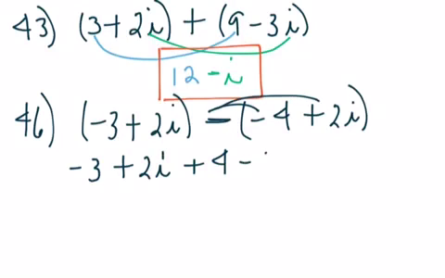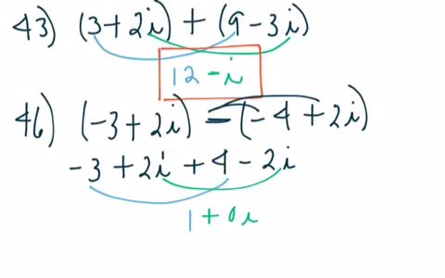Negative times 2i is negative 2i. Combine the real parts, so negative 3 plus 4 is 1. Combine the imaginary parts, which is 2i minus 2i, so that's plus 0i. So then our answer is just 1.